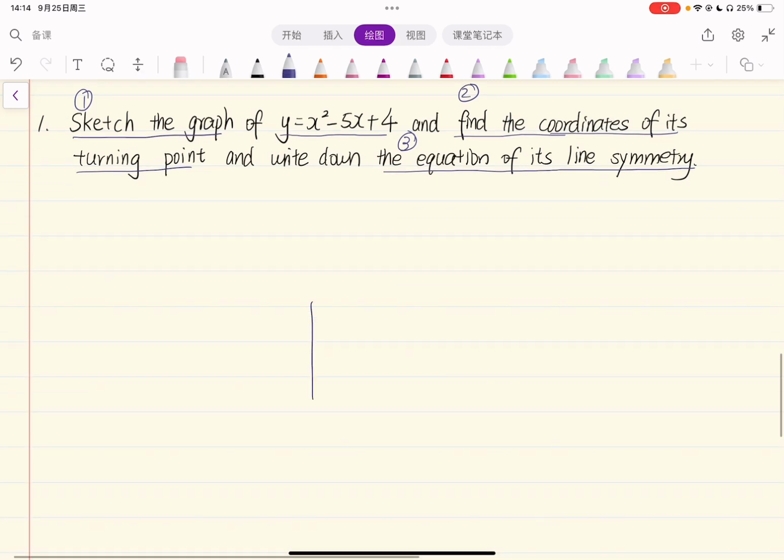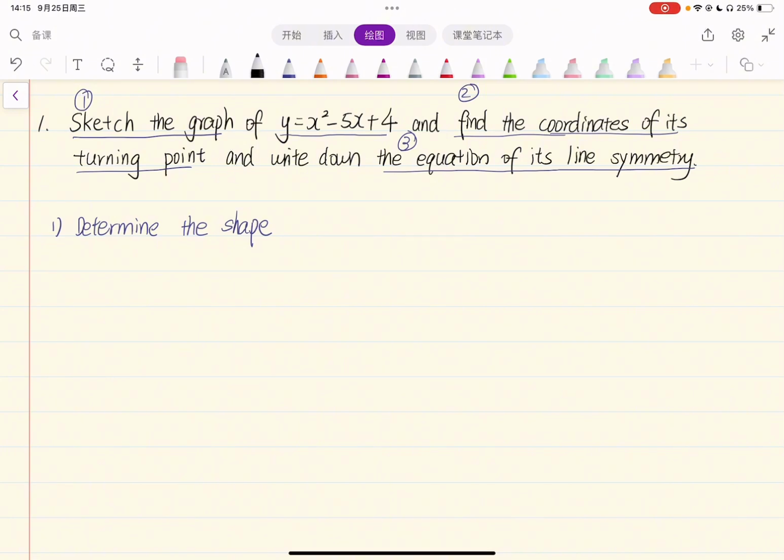To sketch the graph, we need to determine some key features. The first one is the coefficient of x squared, to determine the overall shape. Determine the shape.